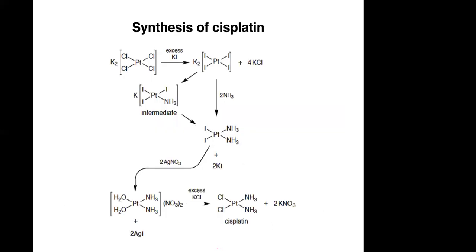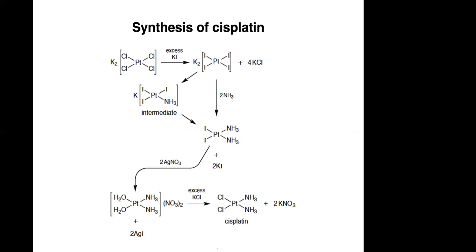So here's how this complex, which is called cisplatin, is made synthetically. And in this reaction, we're going to start with platinum tetrachloride. So this is platinum 2, square planar. And the first step is an important one, and it's because of the same reasons we just went through for the trans effect.